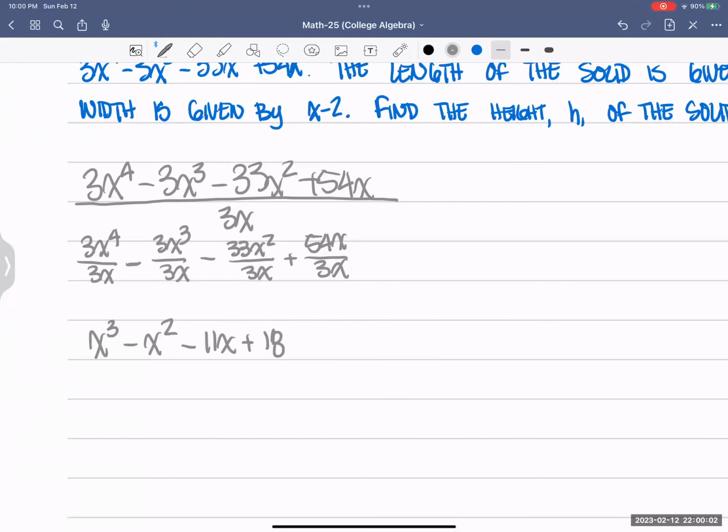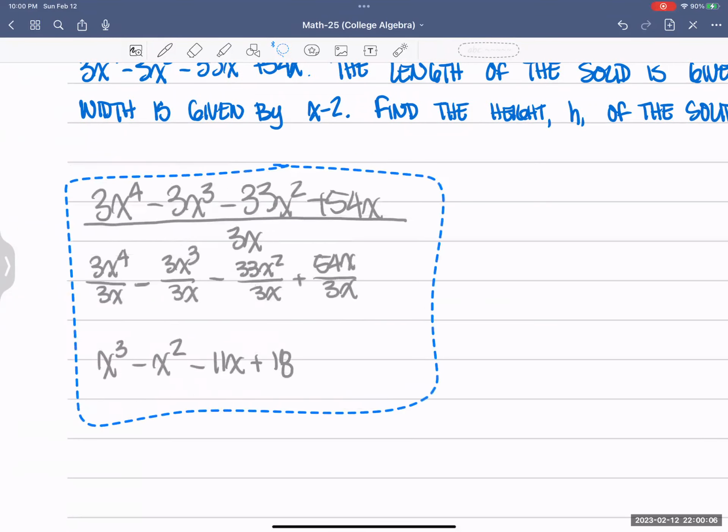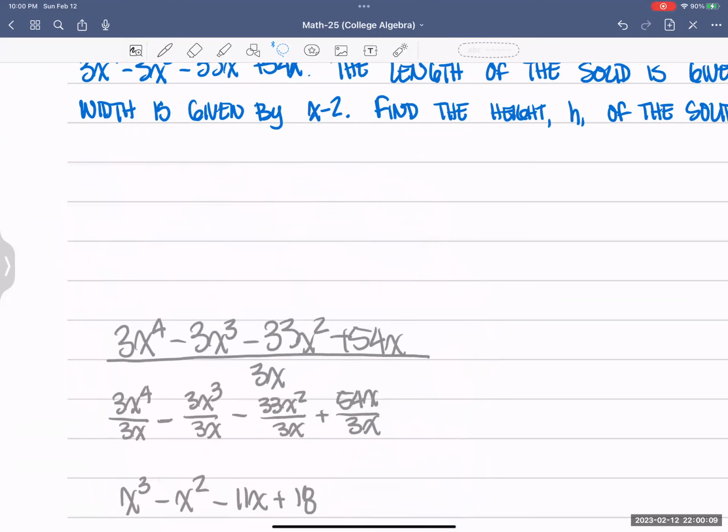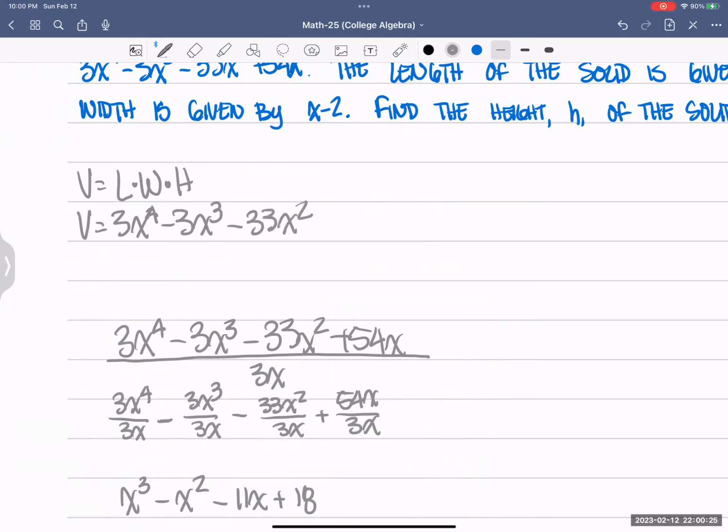All right, so let's do a little recap before we continue. We have volume equal to length times width times height. Volume in this case was equal to 3x to the power 4 minus 3x cubed minus 33x squared plus 54x.